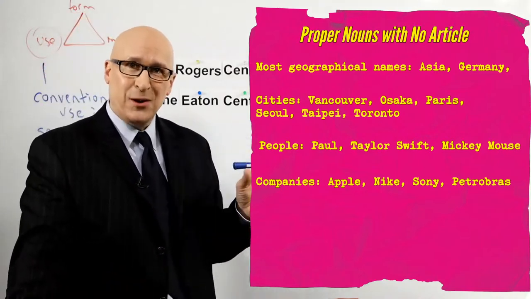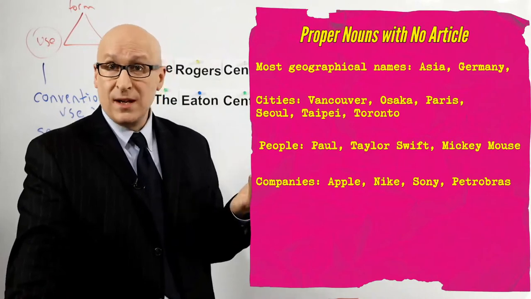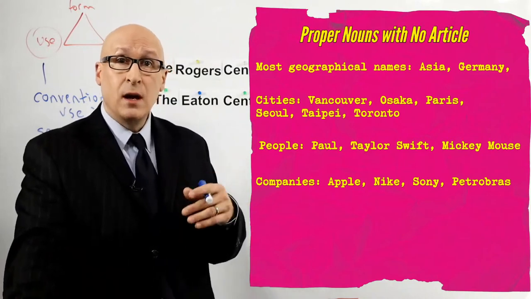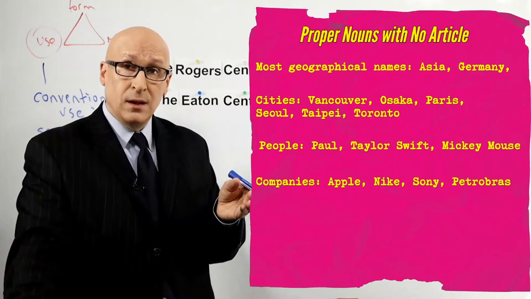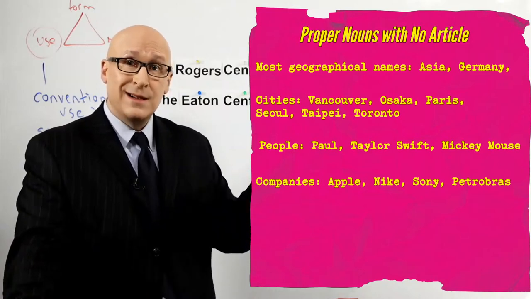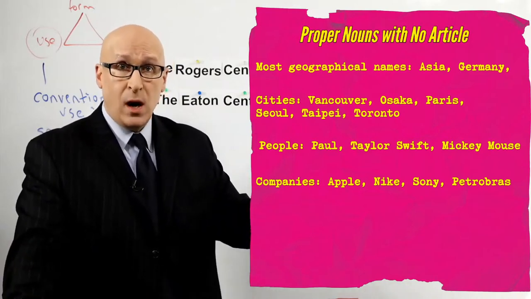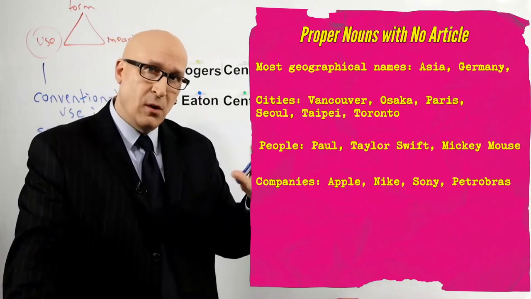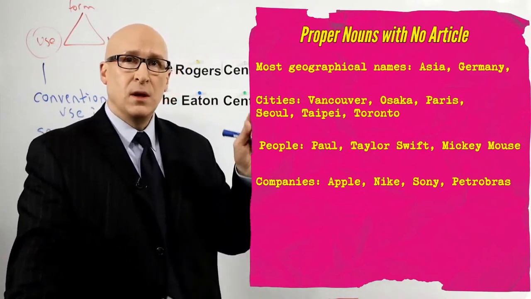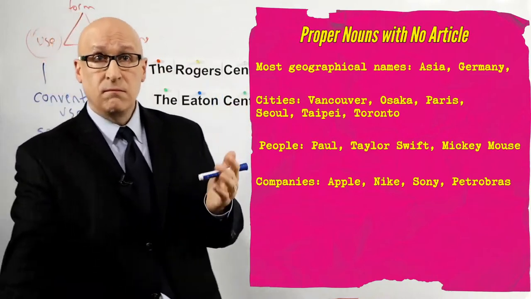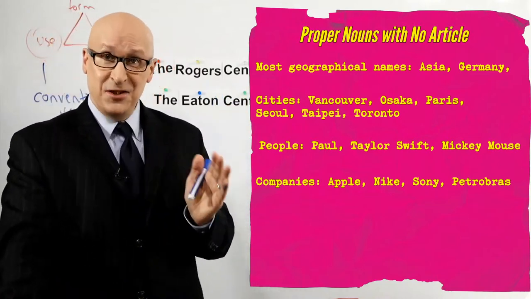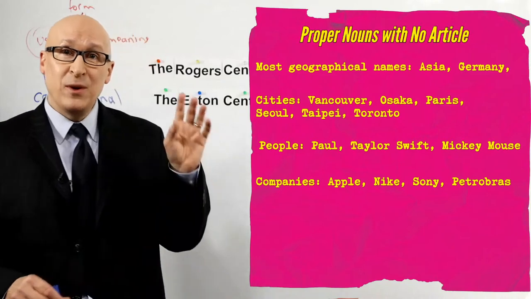No article. So when we talk about them in a sentence, we don't use an article. We just say, Paul listened to Taylor Swift and watched Mickey Mouse. No articles, right? So those are the categories, generally true, that we use no articles.